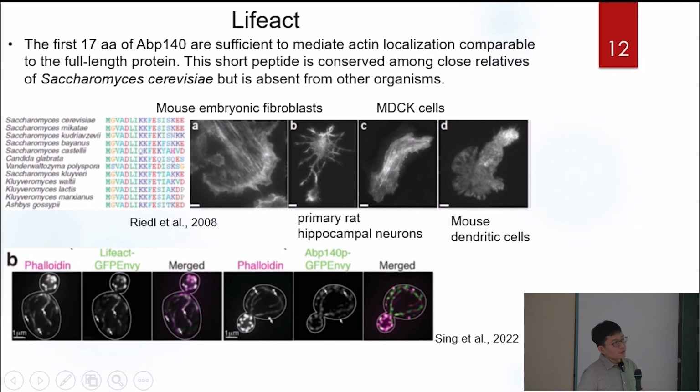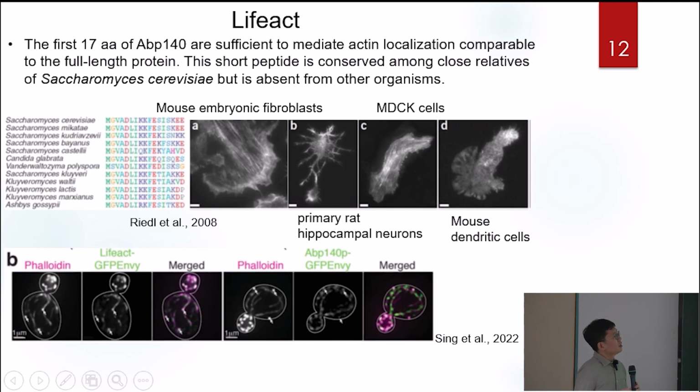But after several years, people started to find that in certain cell types it also affects the morphology and dynamics. For example, in the fly Drosophila S2 cells, if you express LifeAct in S2 cells, the morphology of the S2 cell can change.